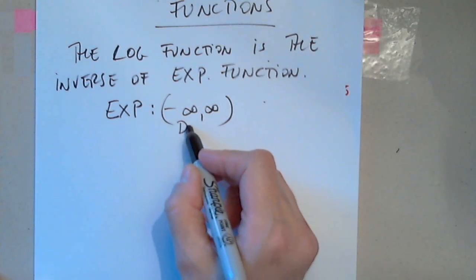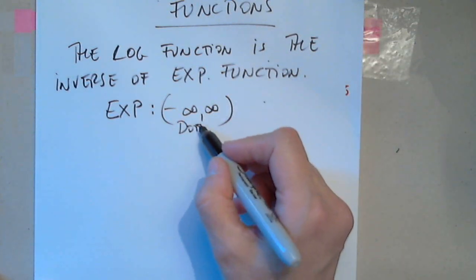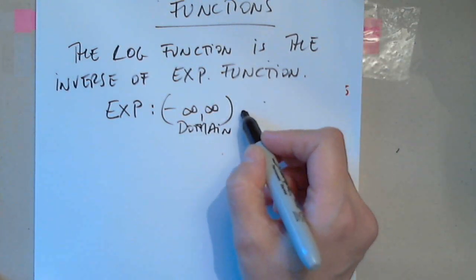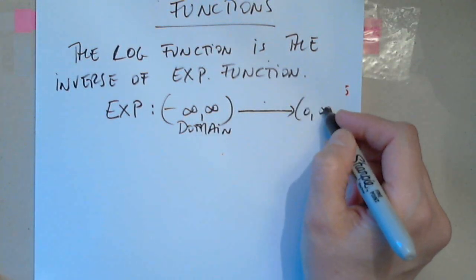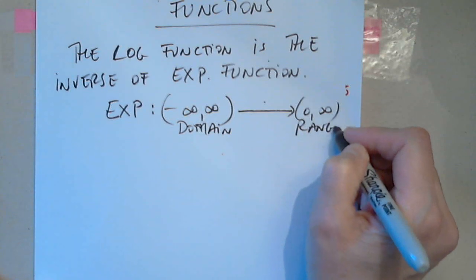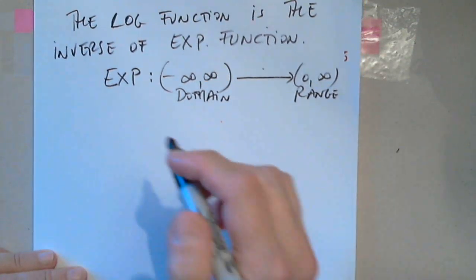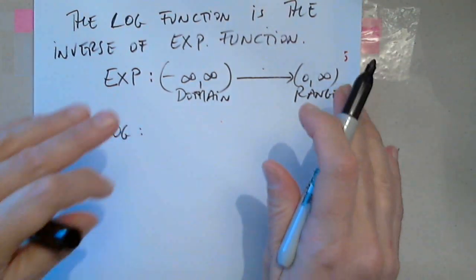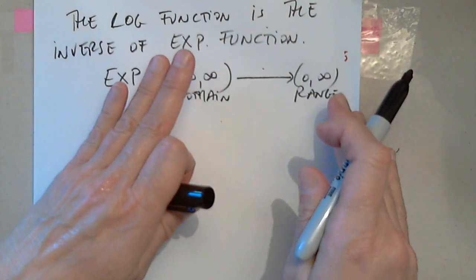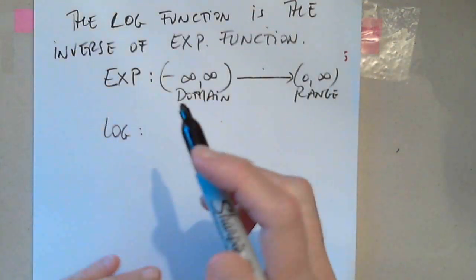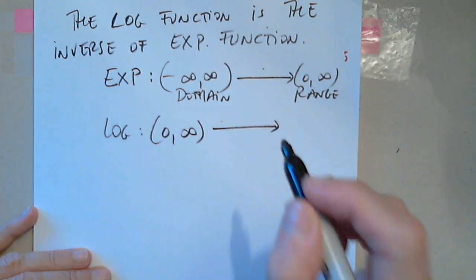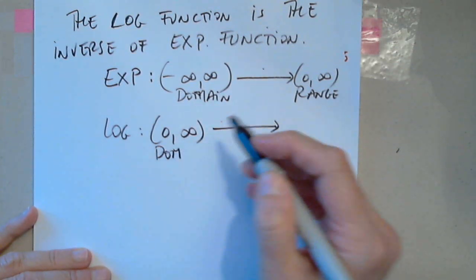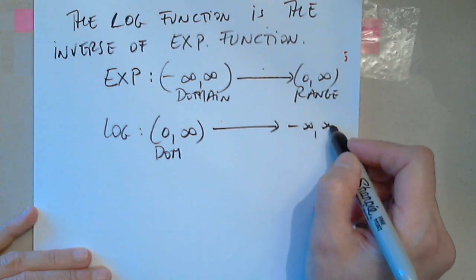This is the domain. And it takes values, or this is the range, 0 to infinity. The log function must have these two reversed, because it's the inverse function. 0 to infinity is the domain, and the range is negative infinity to infinity.